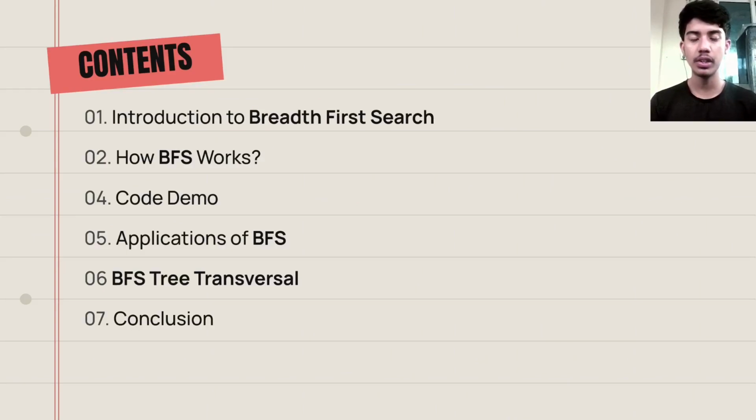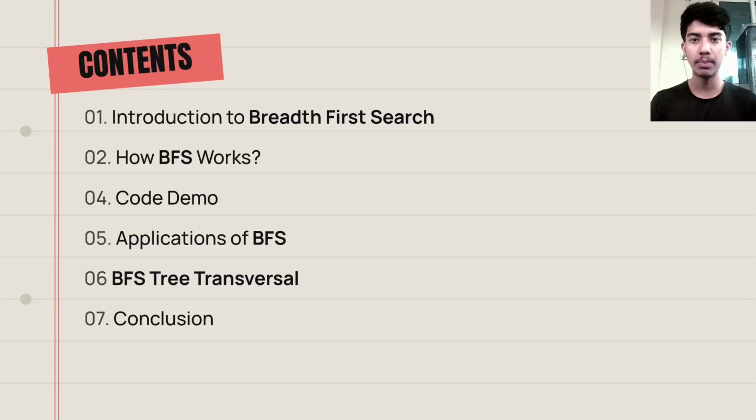First, we will introduce you to the concept of breadth first search, what it is, where it applies and why it matters. Next, we will explain how BFS works step by step with an easy to follow breakdown of its core logic and structure. After that, we will dive into a code demonstration to see BFS in action, making the theory come alive.